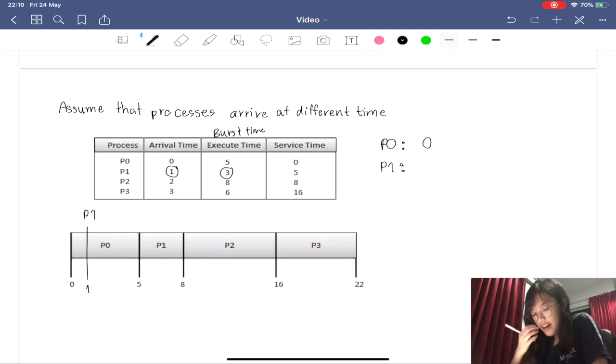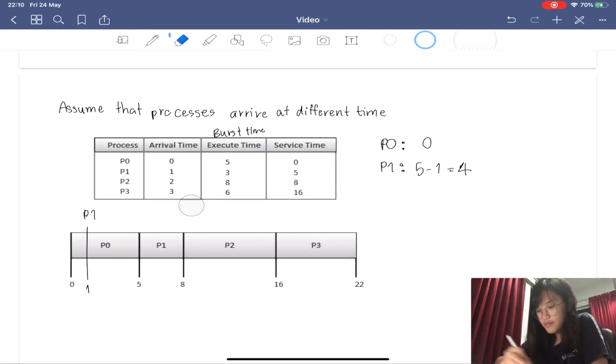Because 5 is the time that P1 starts to execute. So 5 minus the arrival time, which is 1, equals 4.